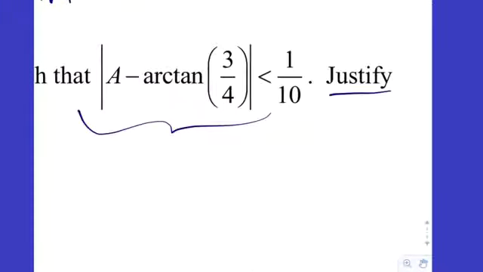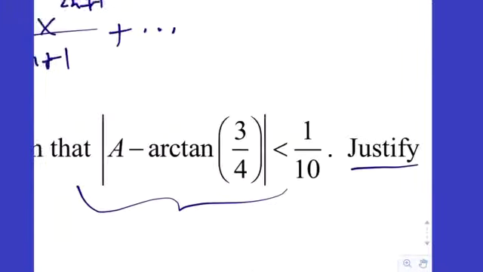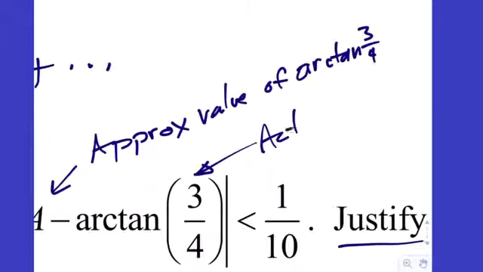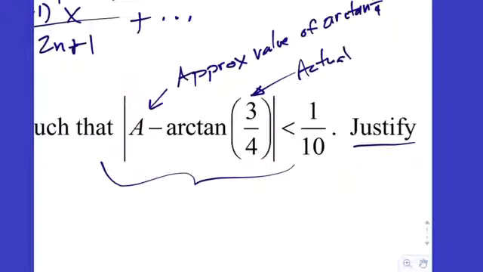Yeah, so this has a very distinctive look. This is the approximate. We're going to let A be the approximate value of arctangent of 3/4, which we're going to find. And of course, this would be the actual. So anytime you have the approximate minus the actual and you take its absolute value, you get what we call the error, or also called the remainder.